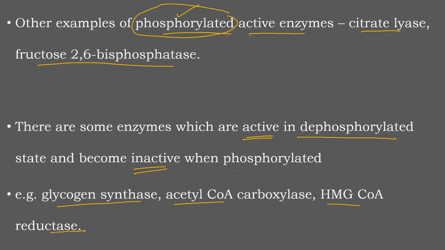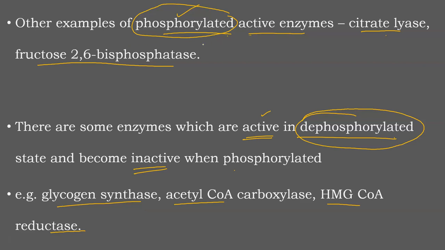When the phosphate is removed from those enzymes, then they are active. Glycogen synthase is the reverse of glycogen phosphorylase. These are examples of enzymes which are active in the dephosphorylated form.